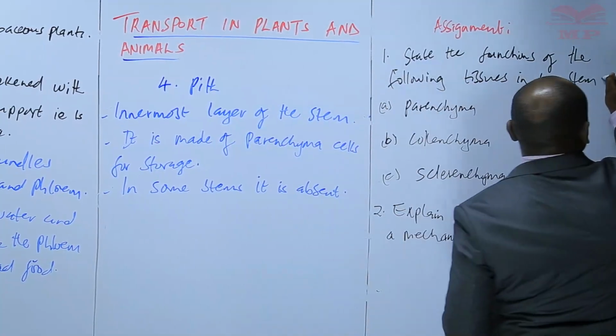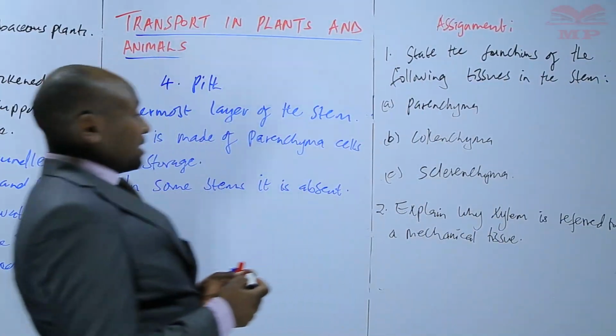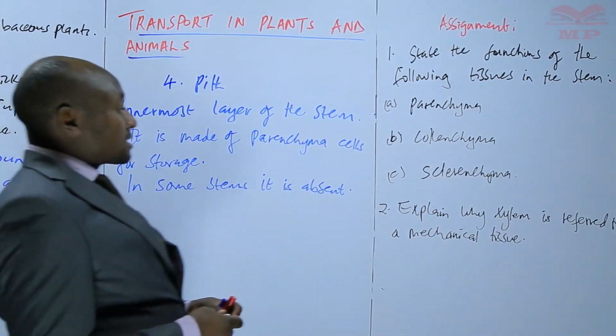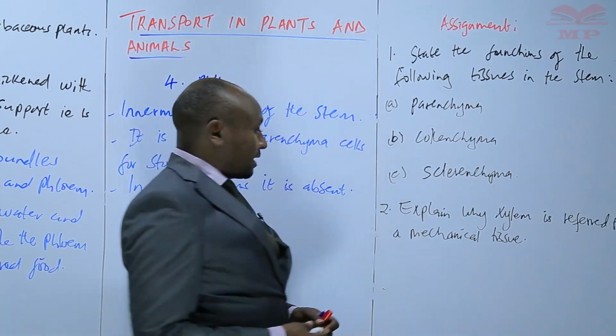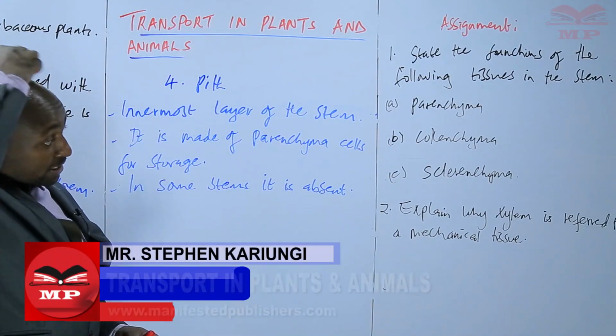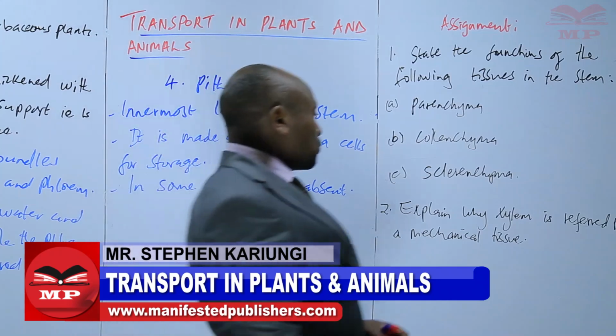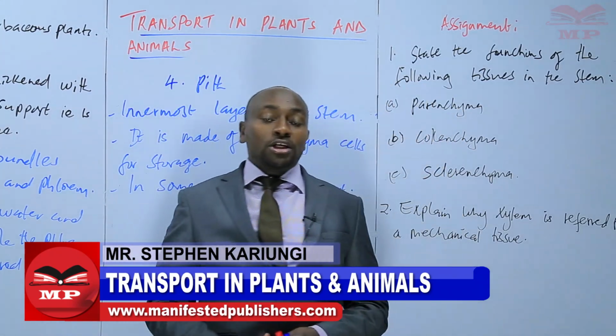Number 1 is parenchyma, B, collenchyma, C, sclerenchyma. And then question number 2, explain why xylem is referred to as a mechanical tissue.